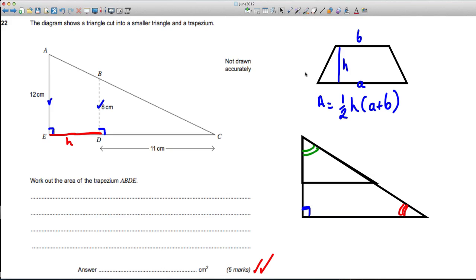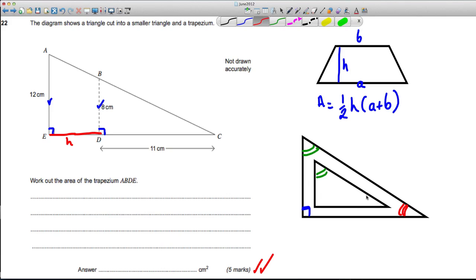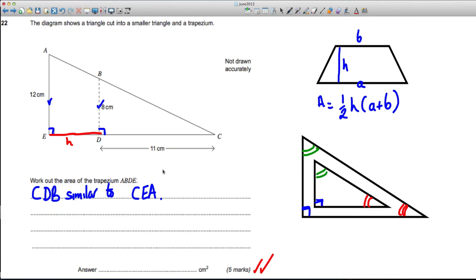So if all the angles inside two triangles are identical, they must be similar. So in this case, the triangle CDB is similar to CEA. Therefore, one's an enlargement of the other.